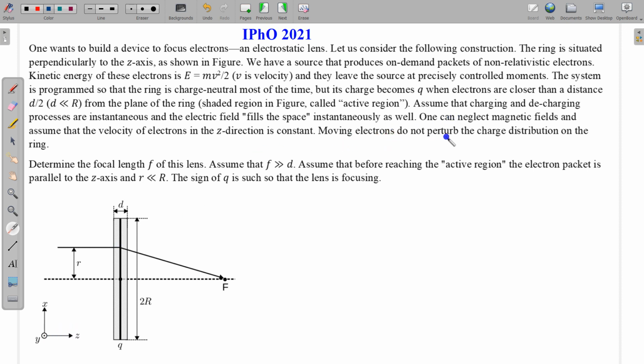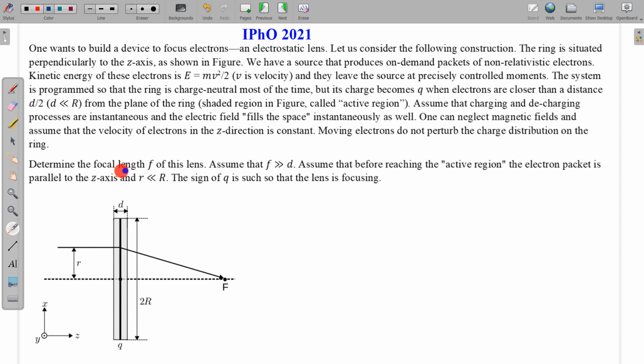Moving electrons do not perturb the charge distribution on the ring, so the electric field due to the ring is not disturbed by the electrons.